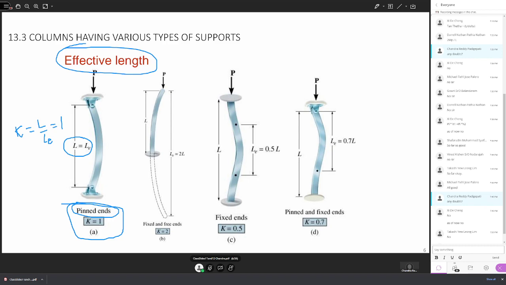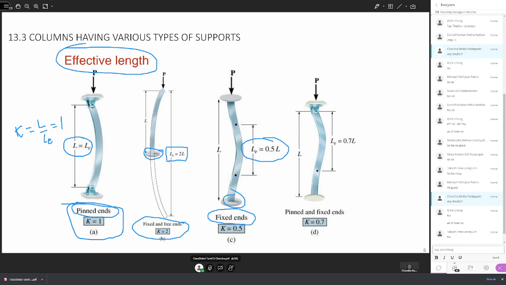But when the column is fixed at one end and free at the other end, the effective length is 2 times the original length. When both ends are fixed, the bottom is fixed and the top is fixed, the effective length is half of the original length.